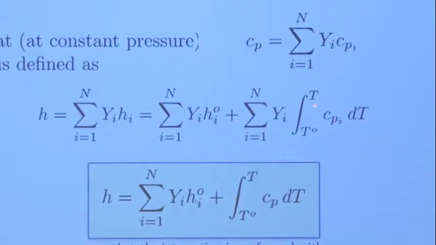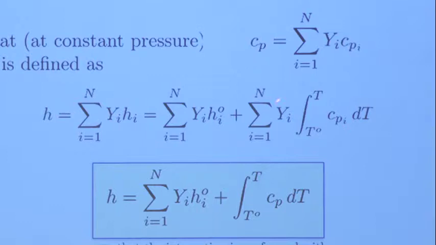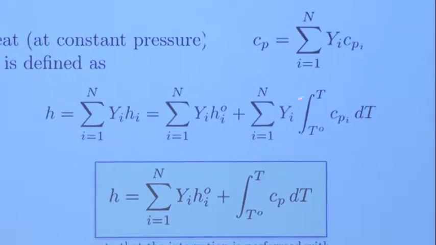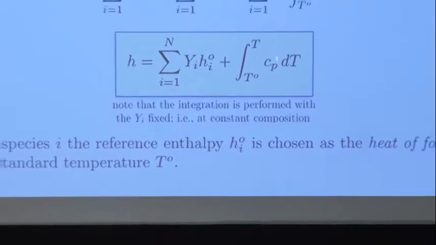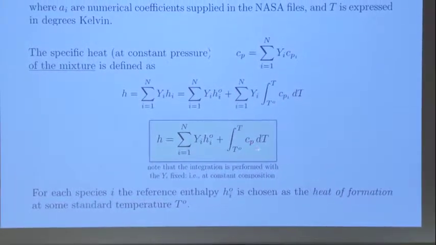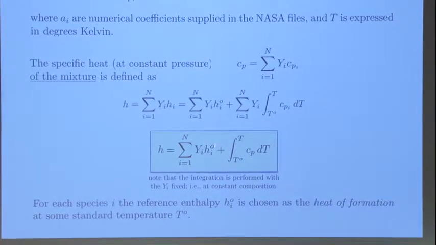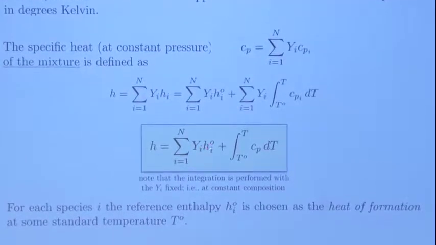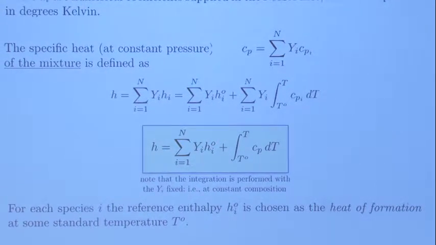Now, if you consider this sum at fixed Yi, then sum of Yi Cpi is Cp, and then that's just the integral of Cp of the mixture, okay? But this quantity is an important quantity because different species have different specific enthalpies, and the sum is of relevance, as we shall see.